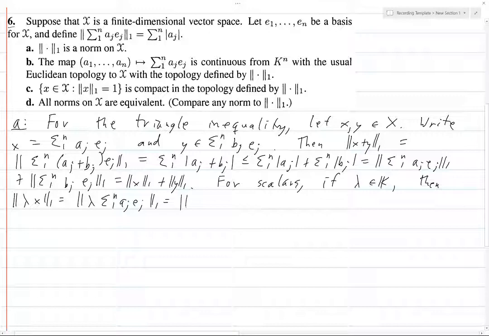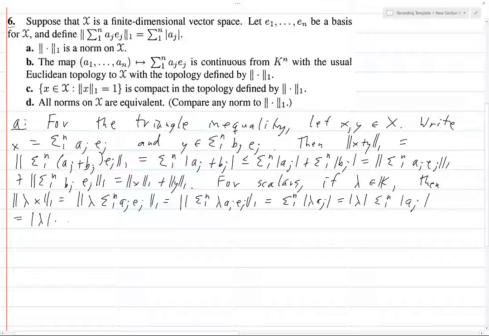And this is equal to, by definition, the sum of lambda aj's, but now we can bring this lambda outside. All these sums, by the way, are a sum from j equals 1 to n. So this, by definition, is just the sum of aj ej, and that's lambda times the norm of x.